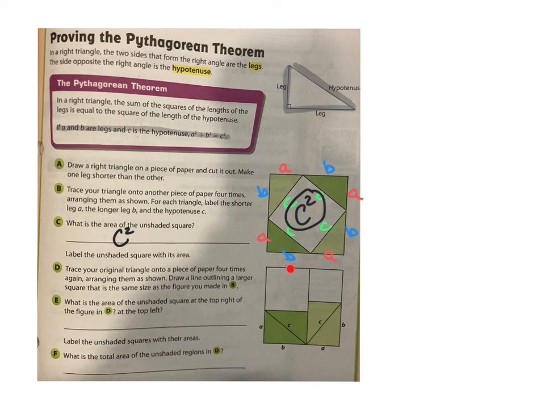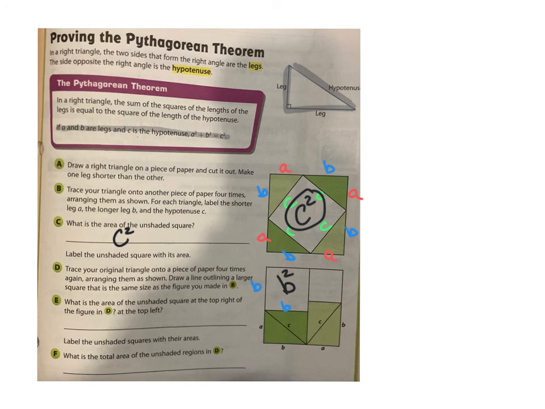So I have this square and I have this square. These are perfect squares up here. So let's have a look at those. So we know that the length of this matches the length of that. This is B, and this is B. So this is B square.